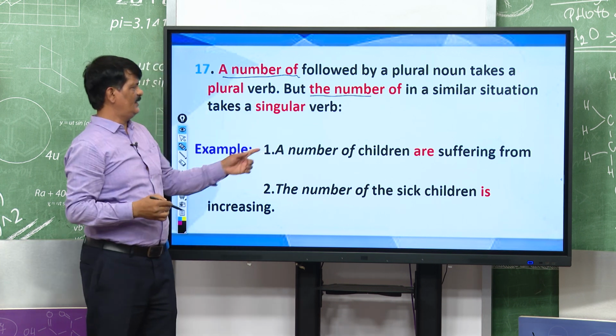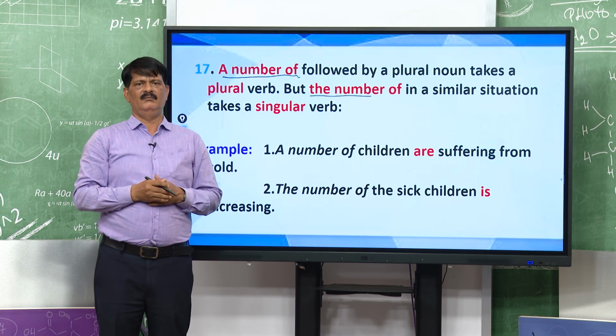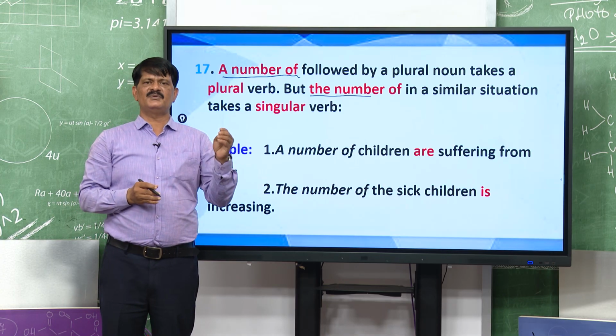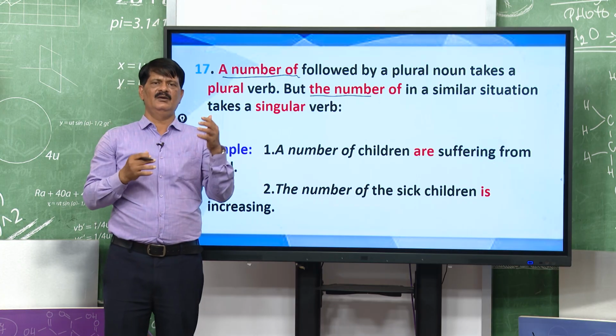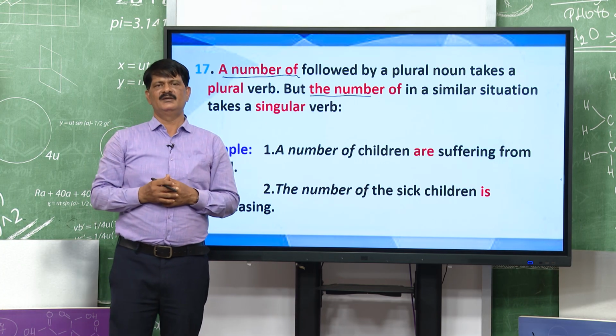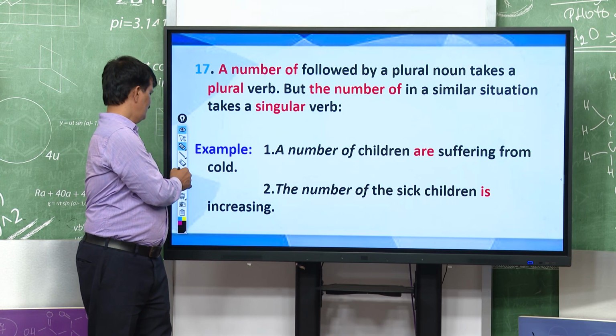Do not get puzzled. A number of children, it is plural, but the number of sick, it is singular. A little bit confusing there. The number of is always followed by singular. A number of children is followed by plural.